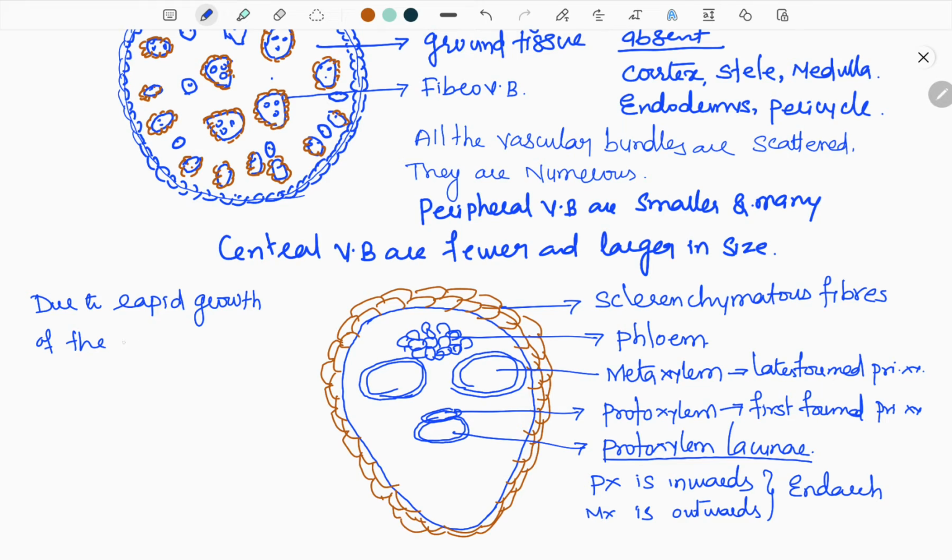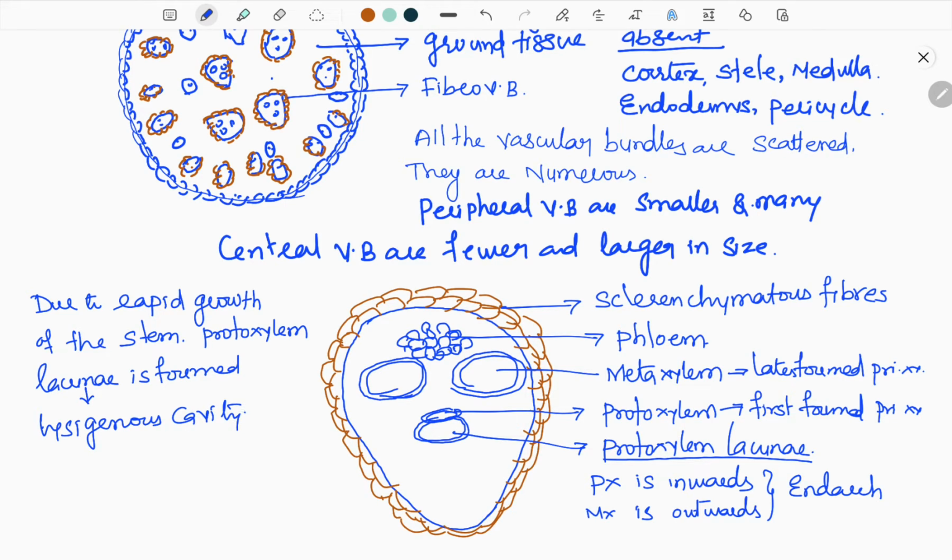So due to rapid growth of the stem, protoxylem lacunae is formed. This protoxylem lacunae is an example of a lysigenous cavity. A lysigenous cavity means a cavity formed by rupture of the cells. So having protoxylem lacunae is an important characteristic feature of the monocot stem.